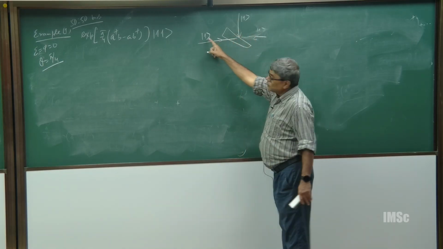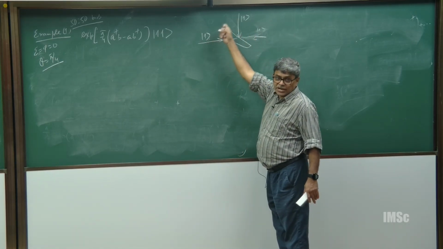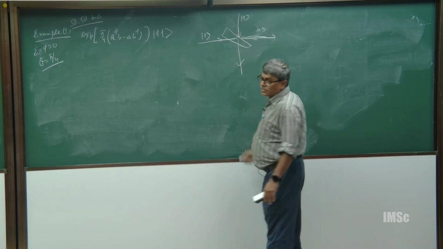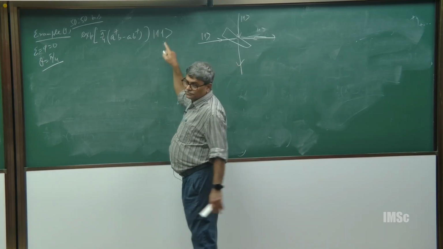In one beam it is a single photon state, in another beam it is a single photon state, and then I am looking at the output. So, this is my input state, 1 tensor 1.